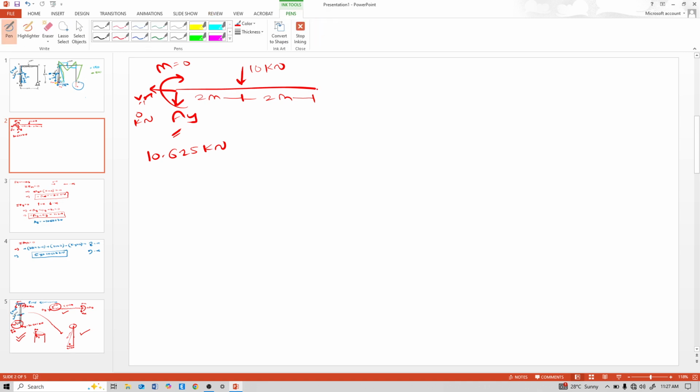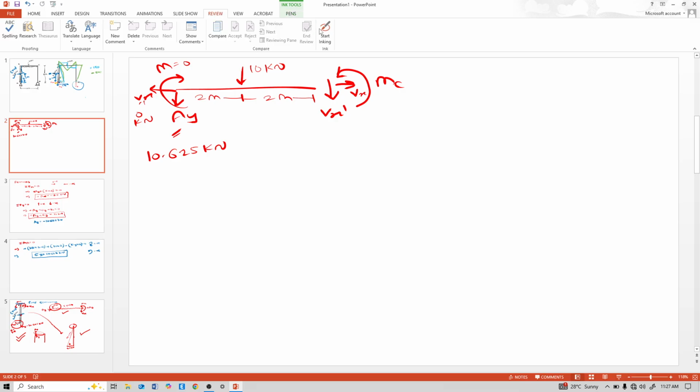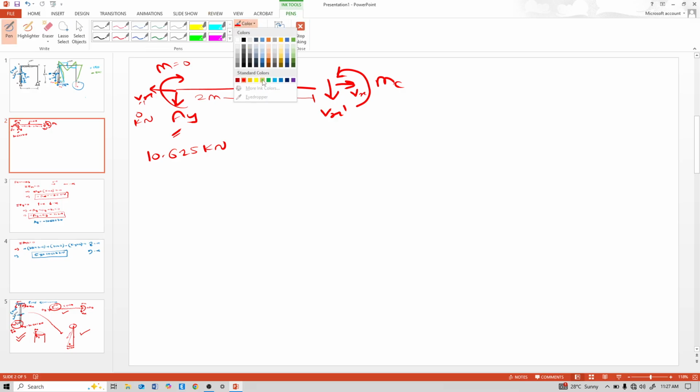Now calculate here Vx dash, moment at C, and this reaction Vx. So first calculate shear at this point. This point shear is 10.625 kilonewton.